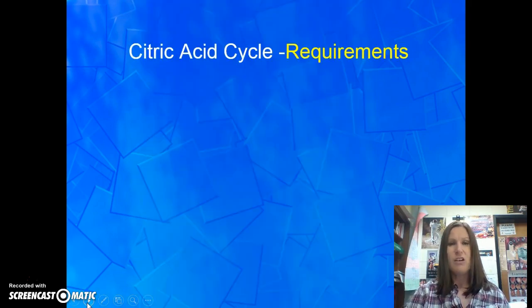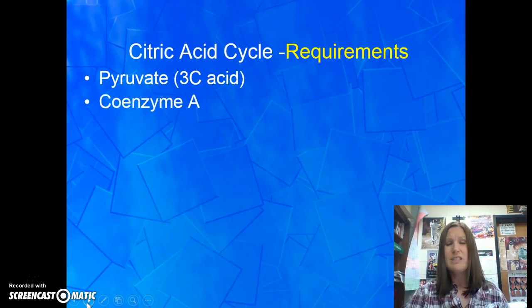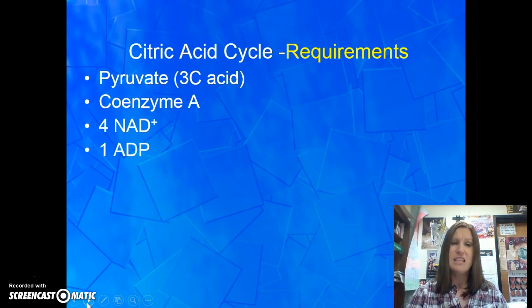So what are the requirements of the citric acid cycle? Well, in order for this cycle to run, pyruvate must be present, coenzyme A must be present. We need to have some electron carriers in the form of NAD. We need to have ADP because we're going to do some substrate level phosphorylation here. And we also need a new electron carrier, which is called FAD.